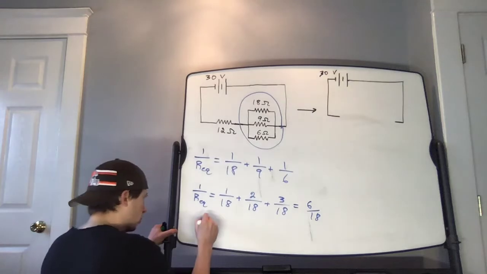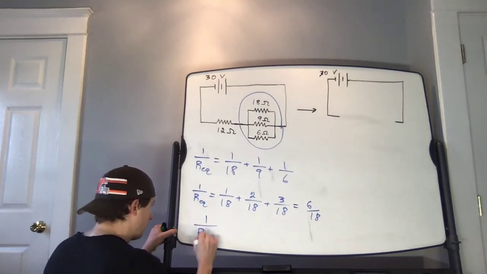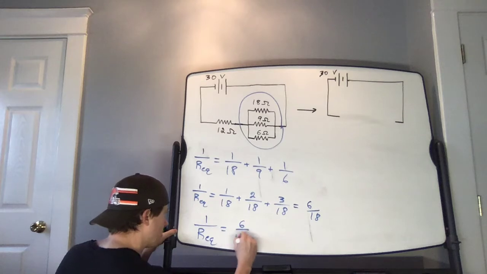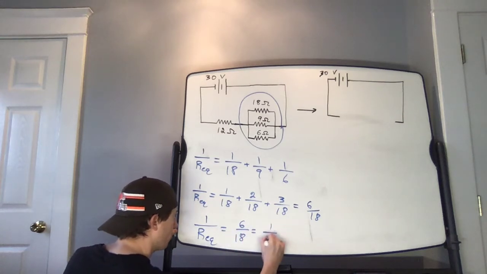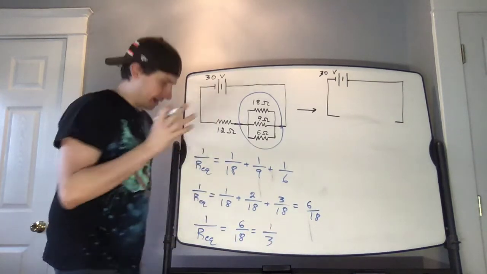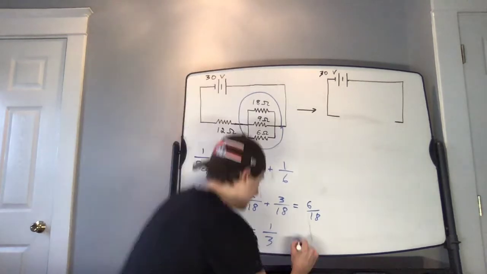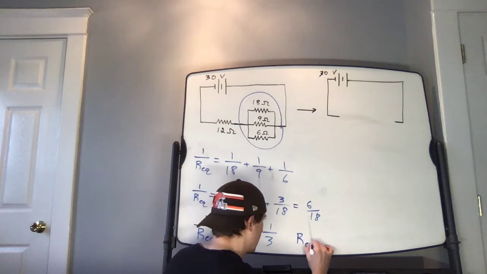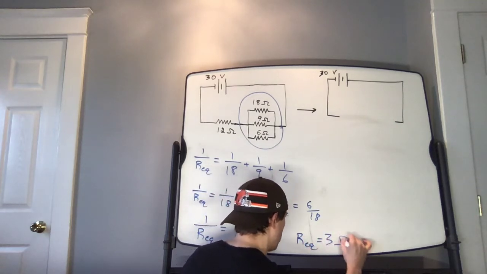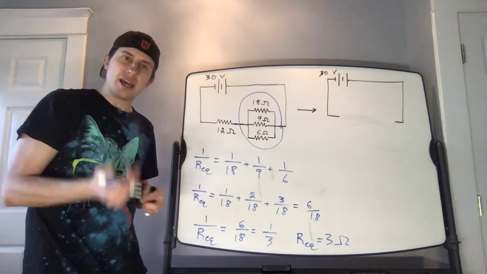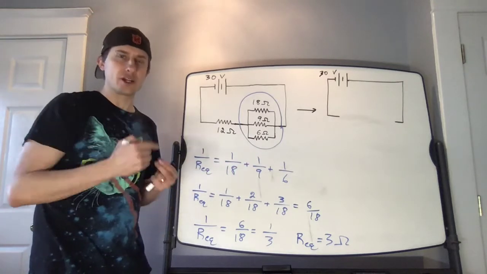I then could write 1 over R equivalent is equal to 6 over 18, which is equal to 1/3. And when I invert the left-hand side and the right-hand side of this, I find R equivalent is equal to 3 ohms. So these 3 resistors in parallel will behave identically to a single 3 ohm resistor.